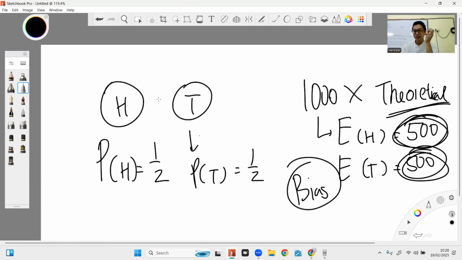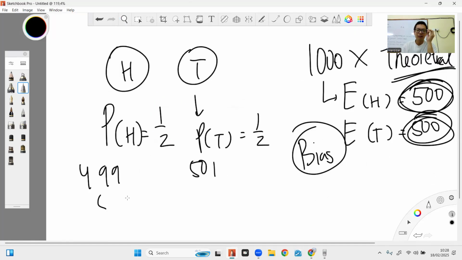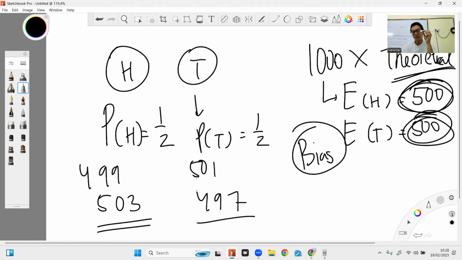It can be 499 and 501. What else? It can be 503 and 497, and so on. The total has to be always 1,000. So the first is theoretical.